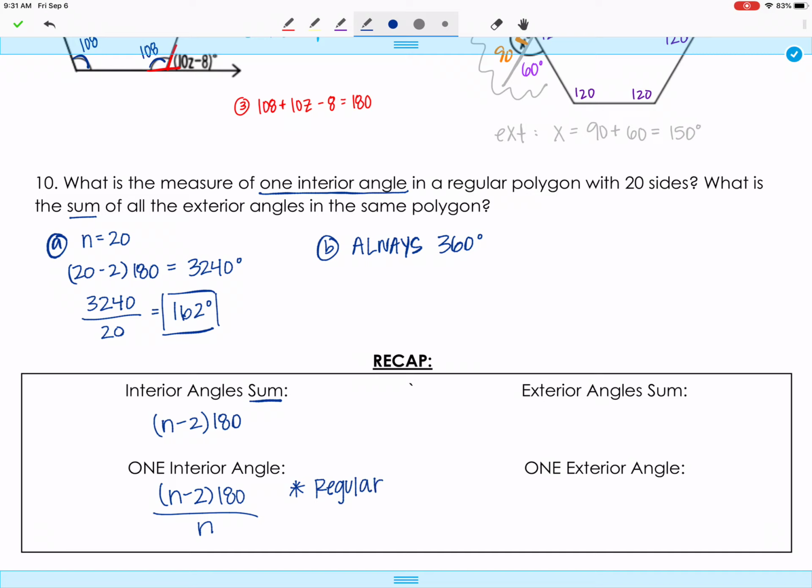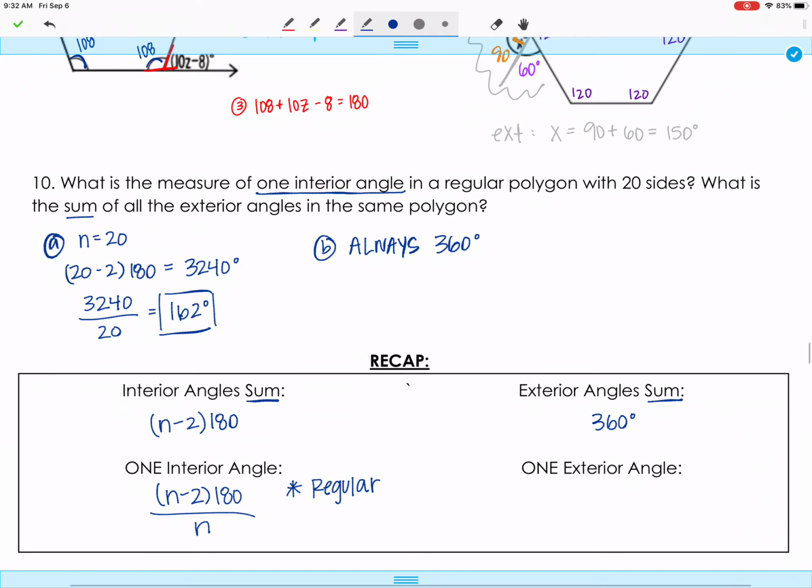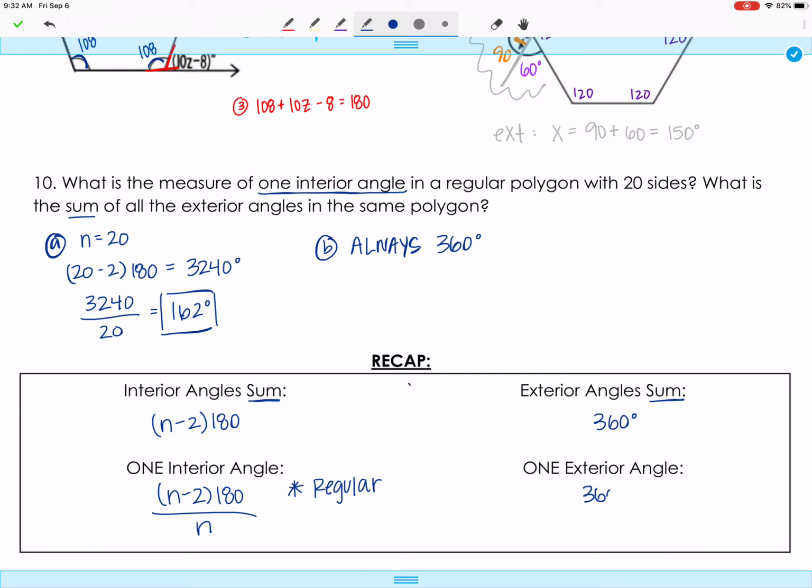The exterior angle sum is 360 degrees always, regardless of the shape and regardless of whether it's regular or not. If we only want one interior angle, take 360 and divide it by the number of sides. But again, only if we know for sure that the shape is regular.